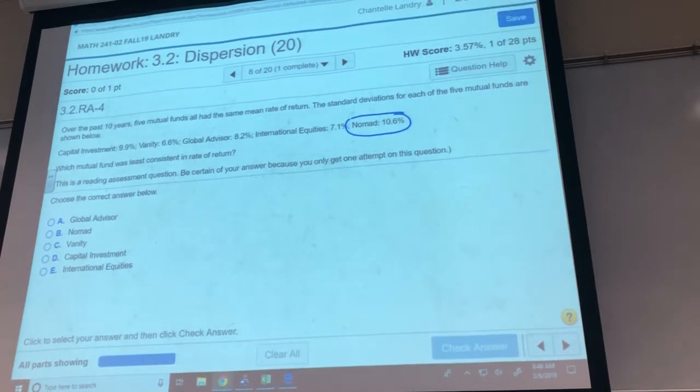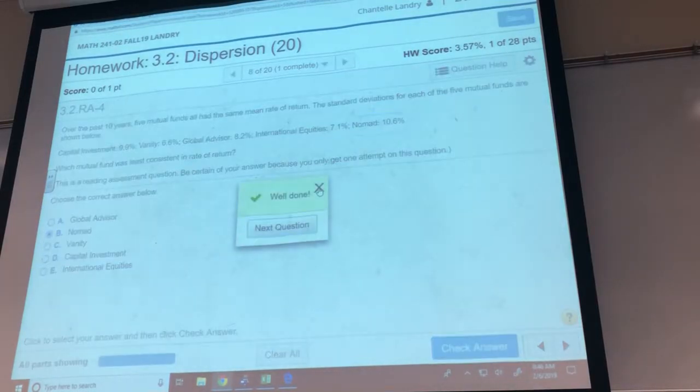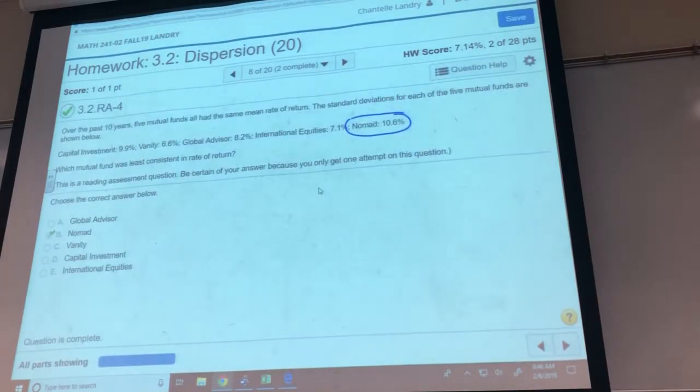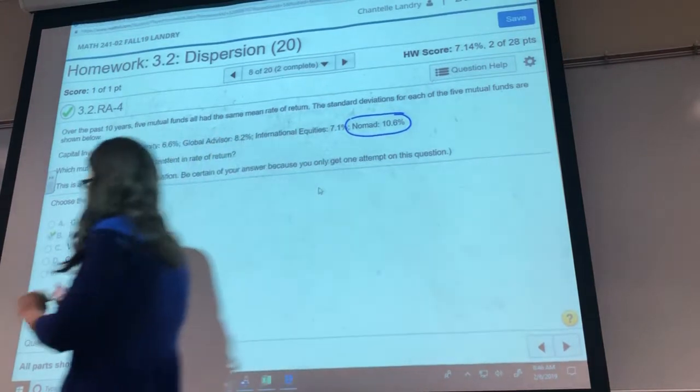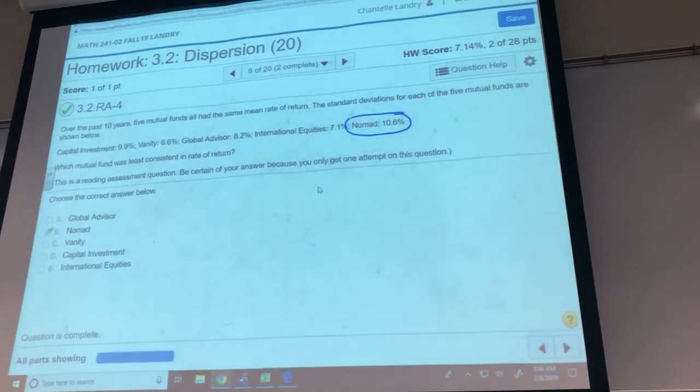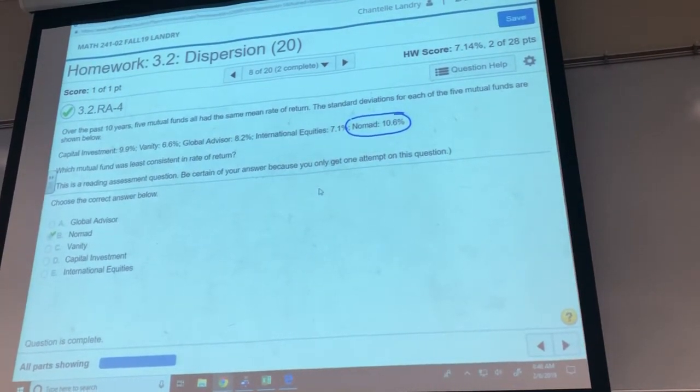That's the largest number that we have. And so since that's our largest number, we'll go with Nomad. So for this one, find the highest standard deviation, and then click the right one.